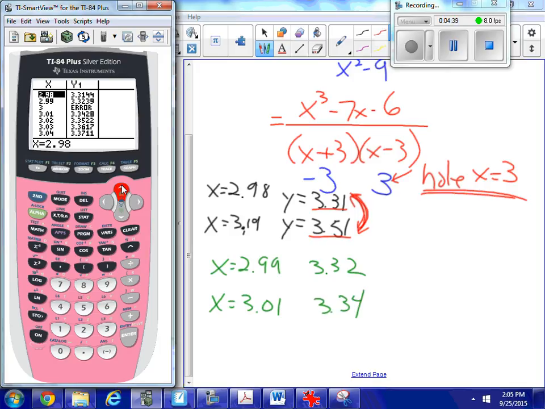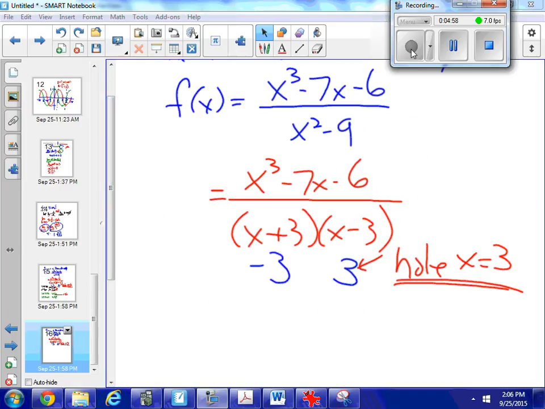Well, it seems to me as if my y value, my limit as I'm approaching 3, is going to be 3.33. But that is a decimal approximation, but it's something that we can start with and use right now. I want to see if I can find the point of discontinuity algebraically.